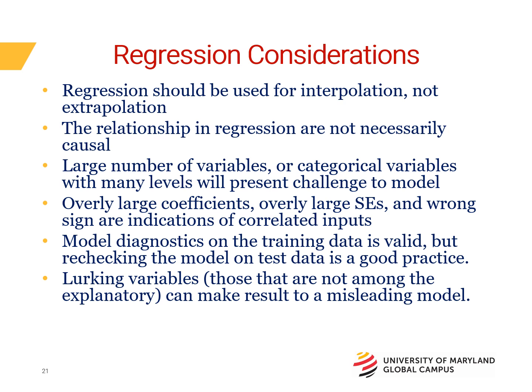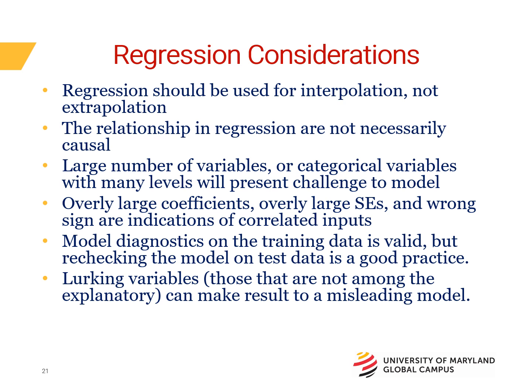Having a large number of variables, or categorical variables with a large number of levels, is a challenge. They may tend to cause overfitting issues. Again, we haven't discussed that, but in general they present challenges when you have a very large number of variables.